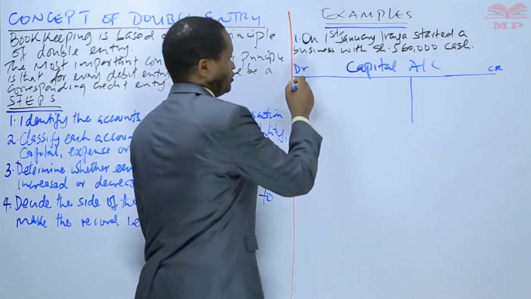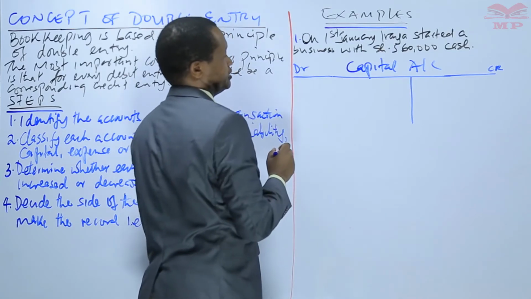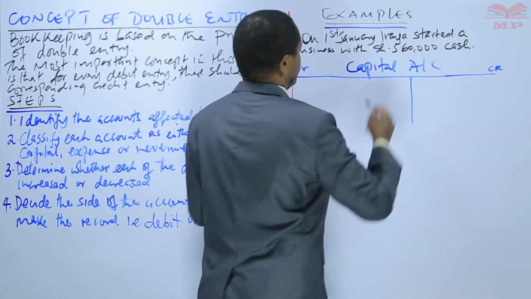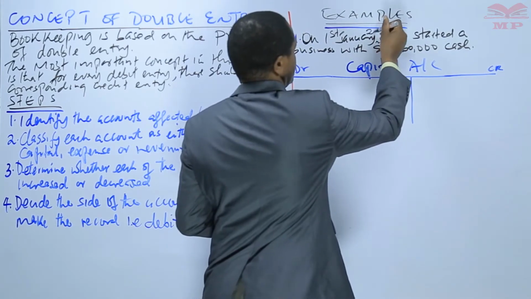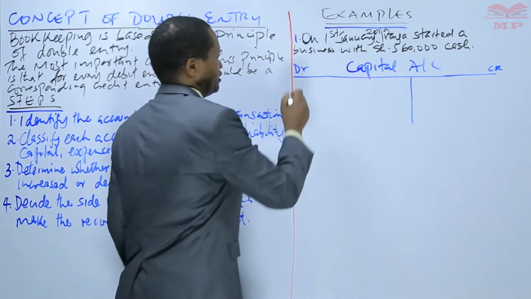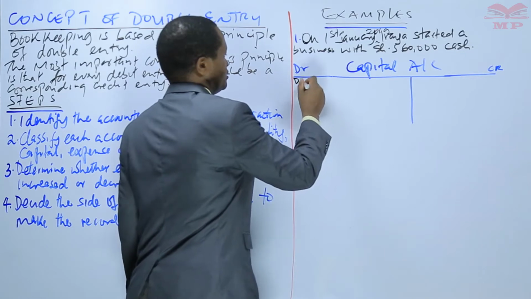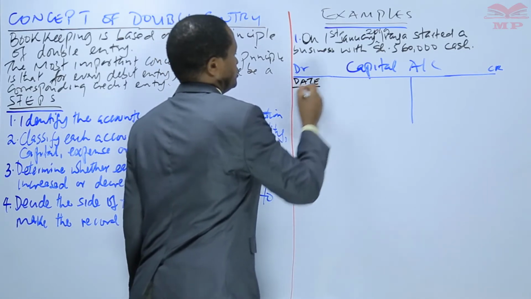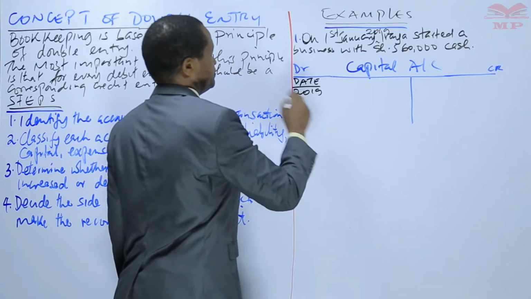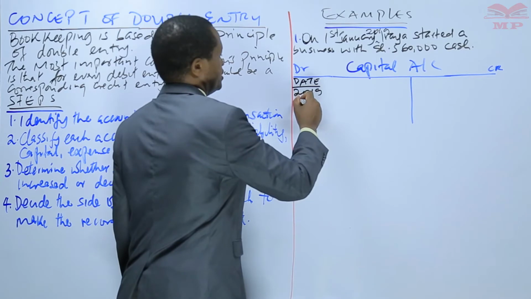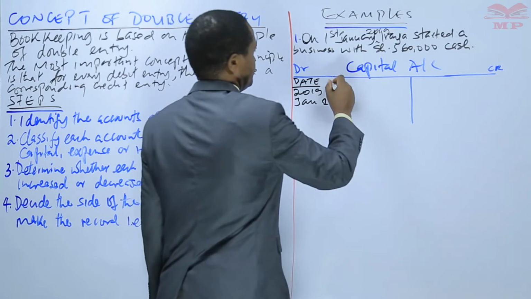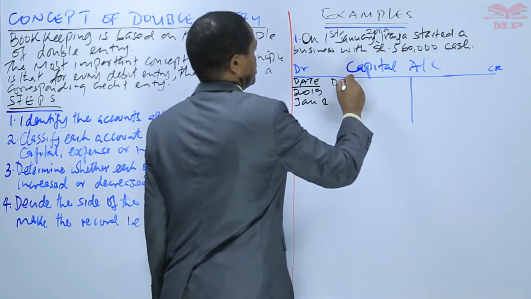So we have a column for the date. Okay, the date. Let's give it a year, 1st January 2019. Then you'll have a column for the details.